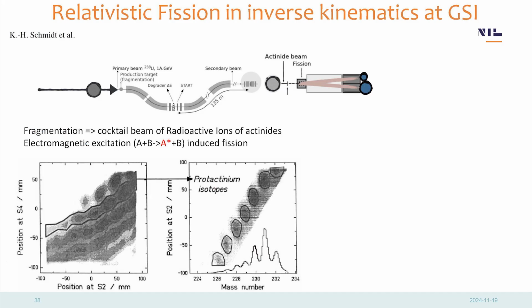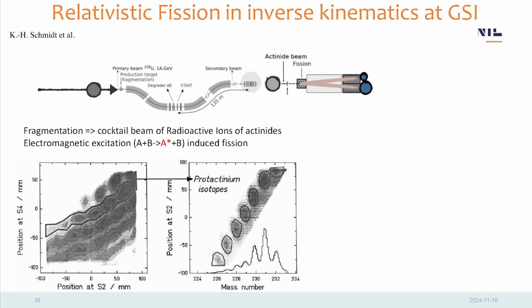So let's start from a historic point of view, though it's not so far away. The pioneering work of this was to use relativistic beams at GSI, a uranium beam at 1 GeV per nucleon, so this is really fast.